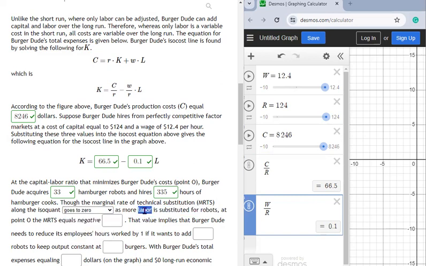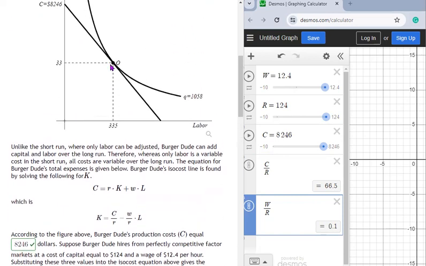So we're adding labor and reducing robots, right? So from this point along the isoquant curve, we're adding labor, reducing the amount of capital, and the slope is changing, getting closer to zero.